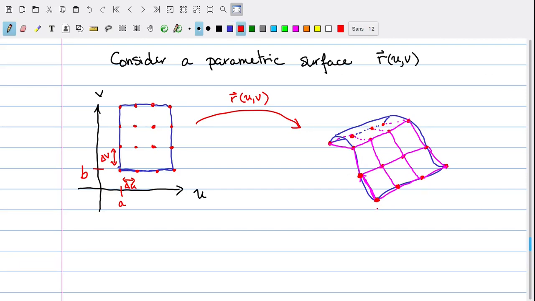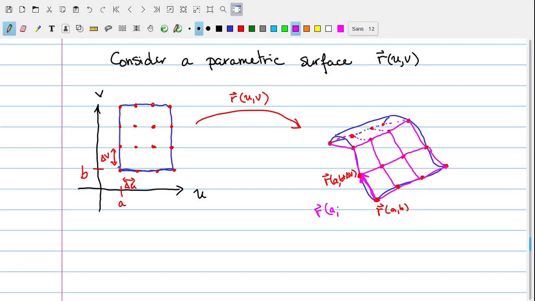And in particular, I know how to get the area of that parallelogram there. I'm just going to take the magnitude of a cross product. So I just want to figure out that vector representing that left side, and it's going to be the difference between r of (a, b plus delta v) and r of (a, b), because those are the associated points.